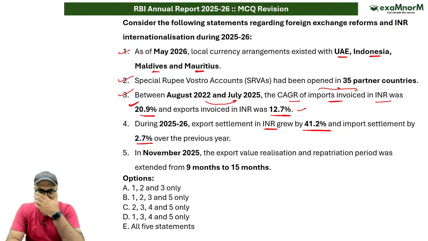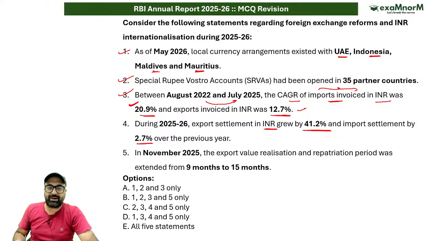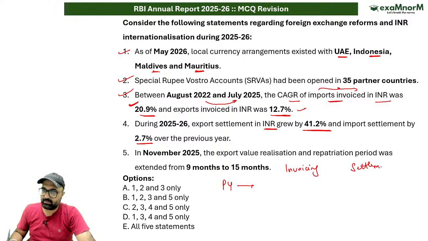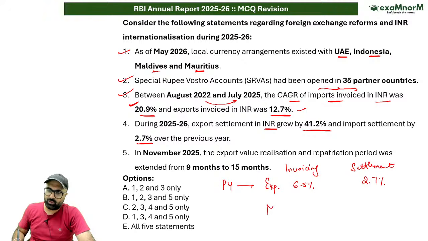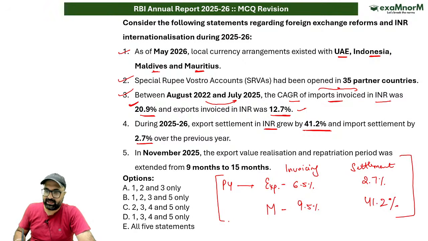Sir, अगर हम 2025-26 की बात करें, एक्सपोर्ट की जो ओवरऑल इनवॉइसिंग है इन कंपैरिजन टू द प्रीवियस ईयर, तो अगर मैं प्रीवियस ईयर से कंपेयर करूं, इनवॉइसिंग एंड सेटलमेंट, इनवॉइसिंग की अगर मैं बात करूं, सर इनवॉइसिंग हैज इंक्रीज्ड फॉर एक्सपोर्ट्स, invoicing has increased by 6.5% and settlement has increased by 2.7%. अगर मैं imports की बात करूं तो imports के केस में invoicing has increased by 9.5% and settlement has increased by 41.2%. ठीक है जी, ये डेटा आप याद रखना, ये इंपॉर्टेंट है.